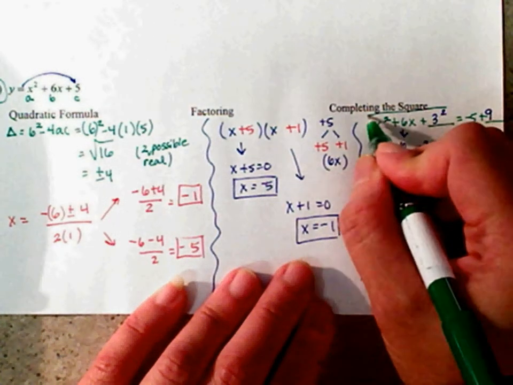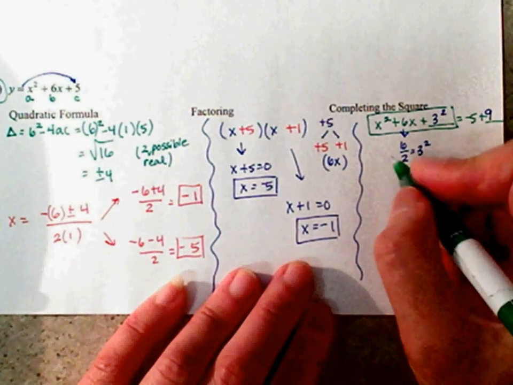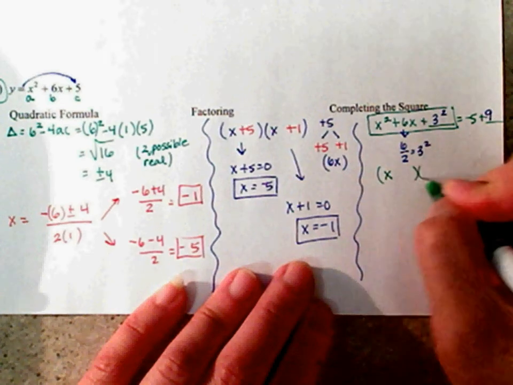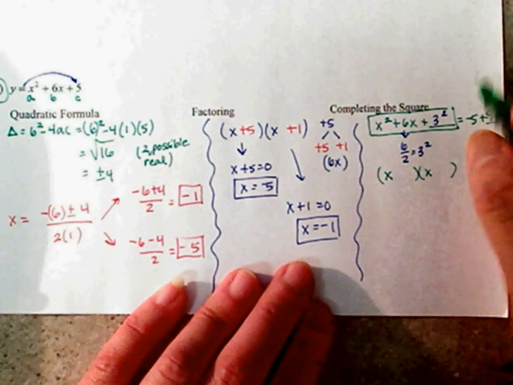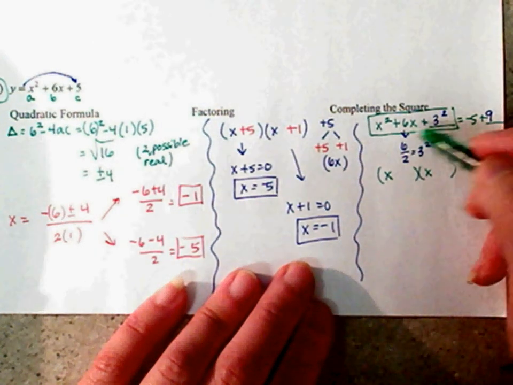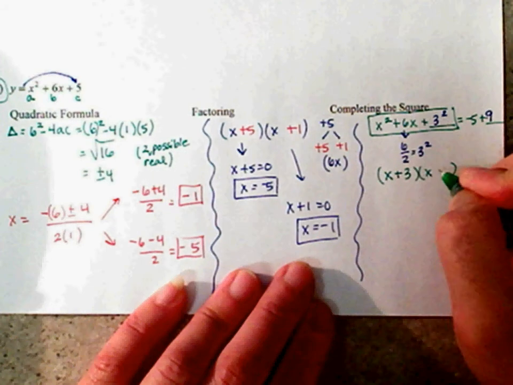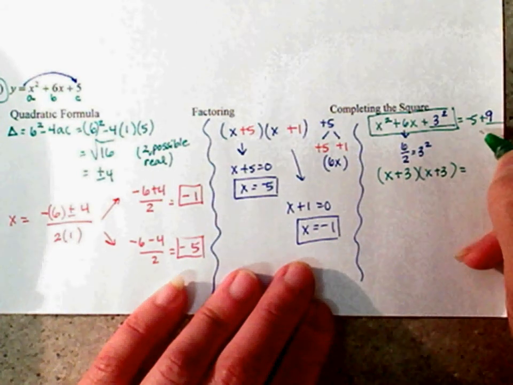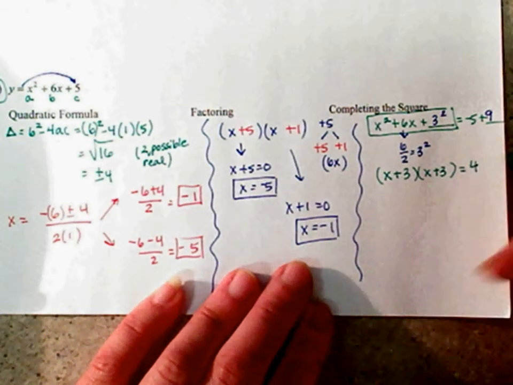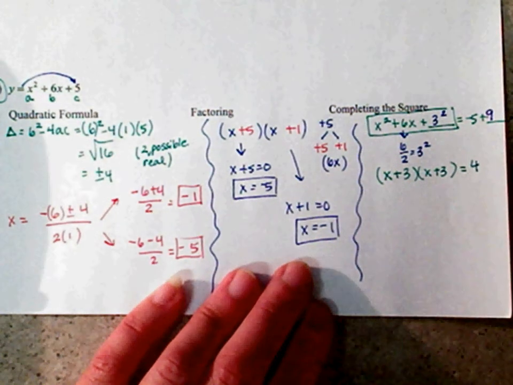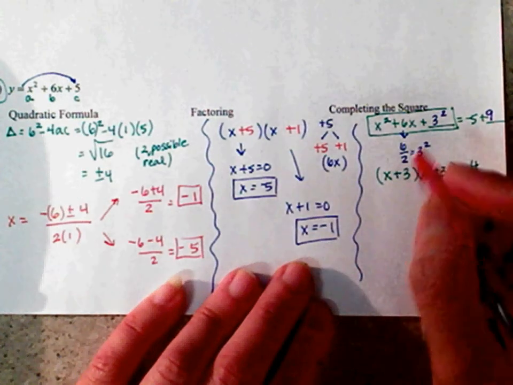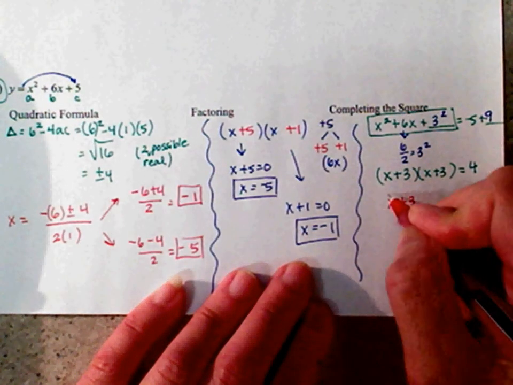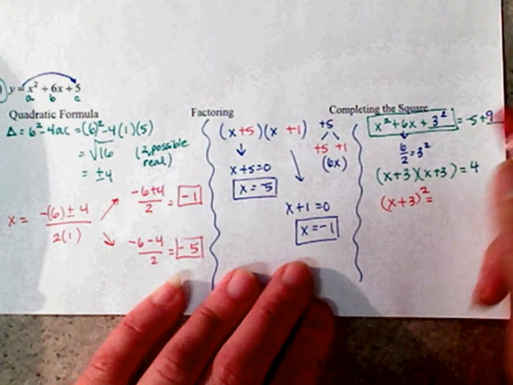All right, now I'm going to factor this part right here. When you factor, you're going to have x and x. Two numbers that multiply to give you 9 and add to give you 6: plus 3, plus 3. Negative 5 plus 9 is 4. Okay? Now, instead of writing it as two separate ones, I'm going to write it as 1. And this is equal to 4.